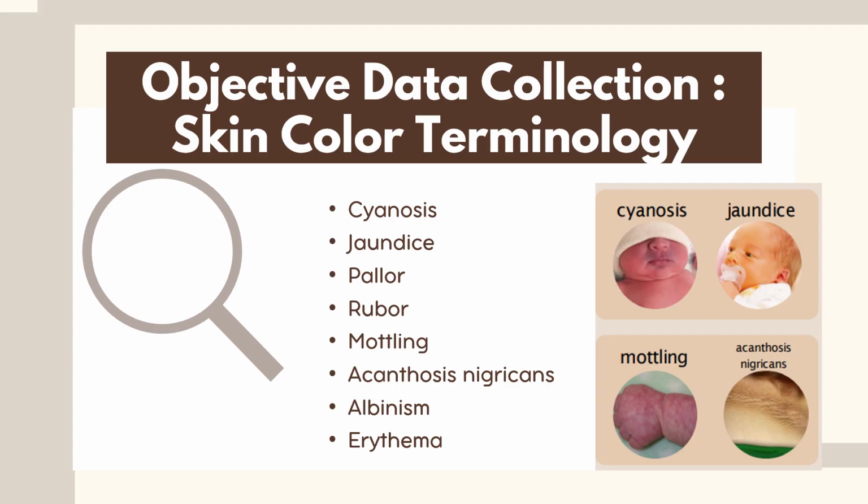And then you have acanthosis nigricans, and that is a dark, thickening, velvety patch. It's typically within body folds, so the neck, underneath the armpit in the axilla, and in the groin. It's typically associated with insulin resistance, obesity, or endocrine disorders. And then you've got albinism, and that is a congenital absence of melanin pigmentation.